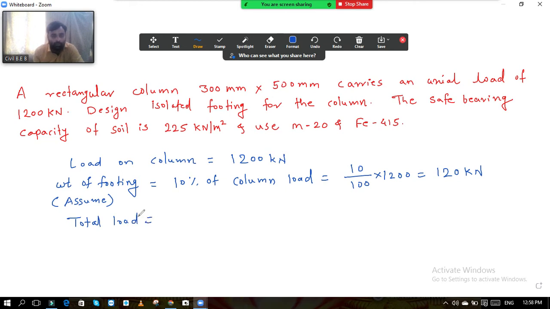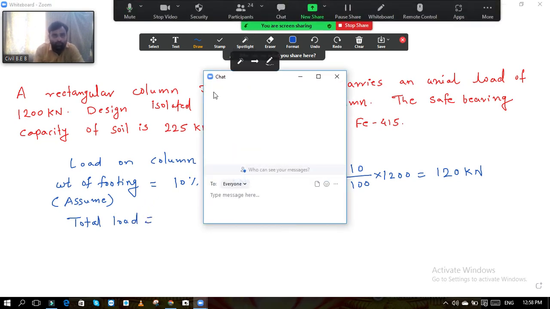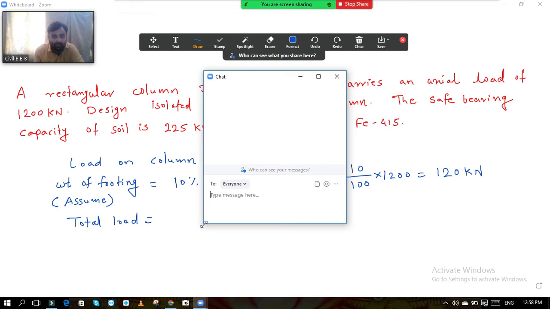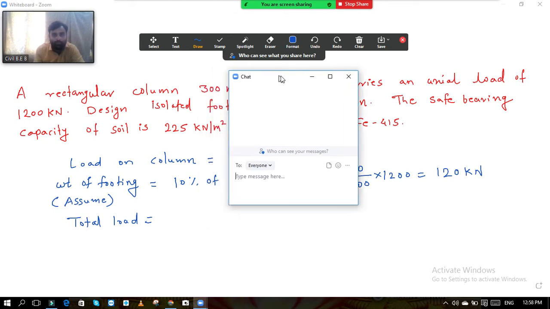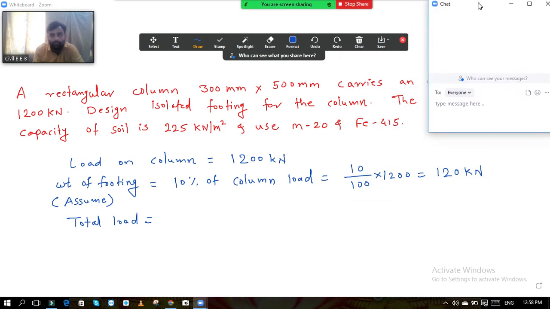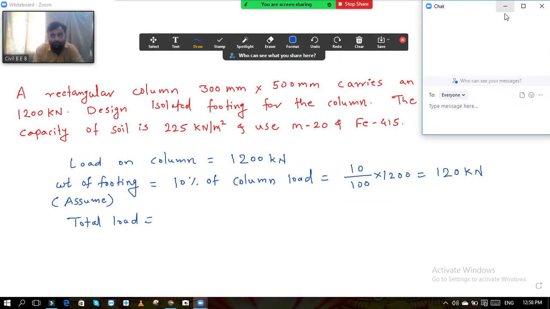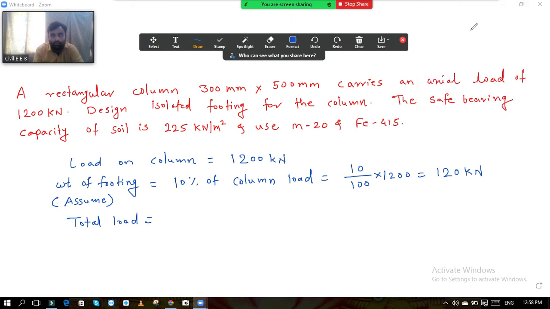What is the value of total load? Calculate this. Let me know in chat.